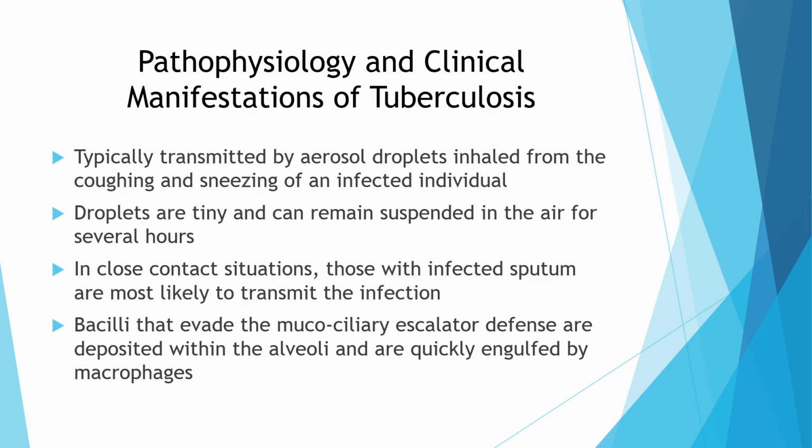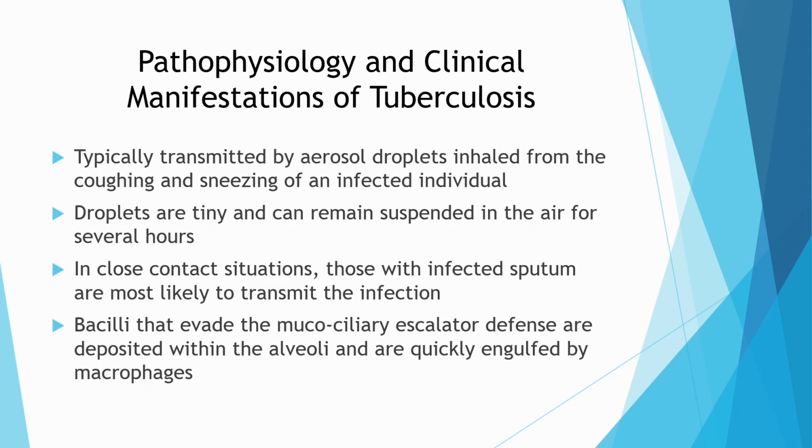So, the pathophysiology and clinical manifestations of tuberculosis. It is typically transmitted by aerosol droplets that are inhaled from the coughing and sneezing of an infected individual. Droplets are tiny and can remain suspended in the air for several hours. In close contact situations, those with infected sputum are most likely to transmit the infection.